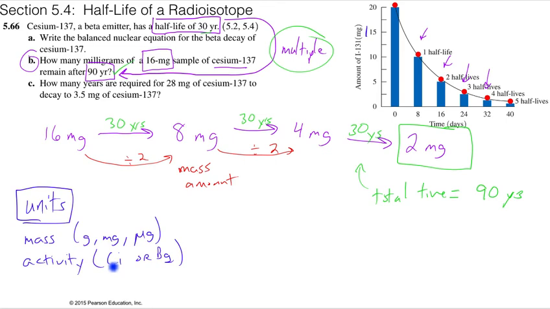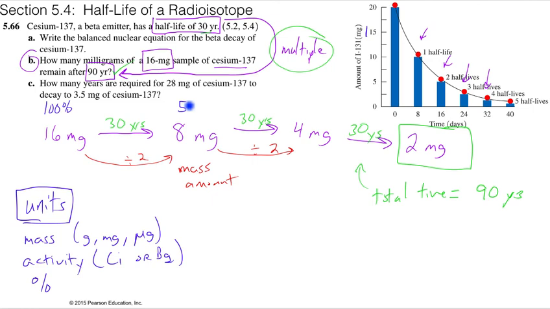And then the other type of unit that you might see is actually percent. And what you see here is, well, let me just sort of map it on top of this one here. Like, I don't know what the activity is for a 16 milligram sample of this cesium. That information is not given, but I can always figure out percent, right? I'm starting with 100% of the sample.